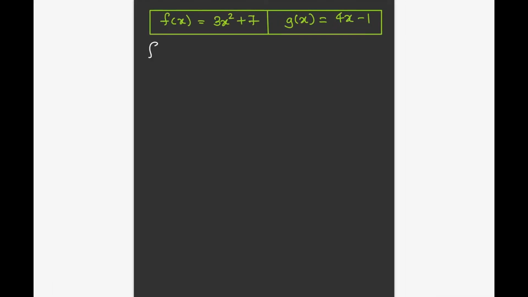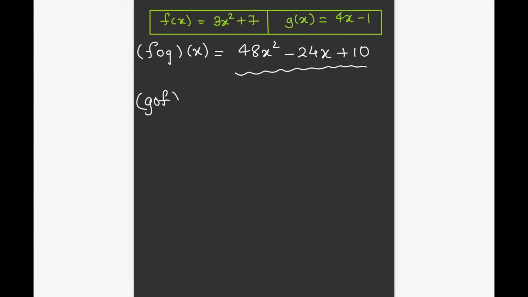So f o g of x will be 48x squared minus 24x, and 3 plus 7 will give you plus 10, and this is my answer for f o g of x. I'm going to go ahead and calculate g o f of x, which is basically equal to g of f of x, right?